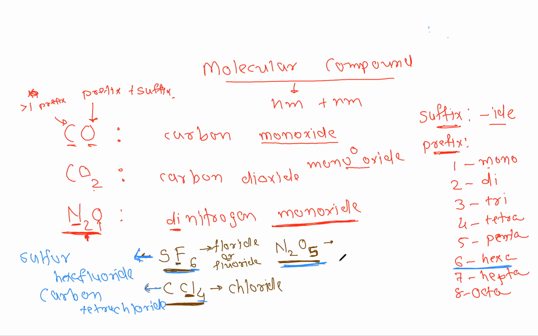Di, because there are two. We have to use a prefix for the first element if it is more than one atom. So dinitrogen, we just name it as the element. Then because there are five, we call it penta, and because it's oxygen, pentoxide.